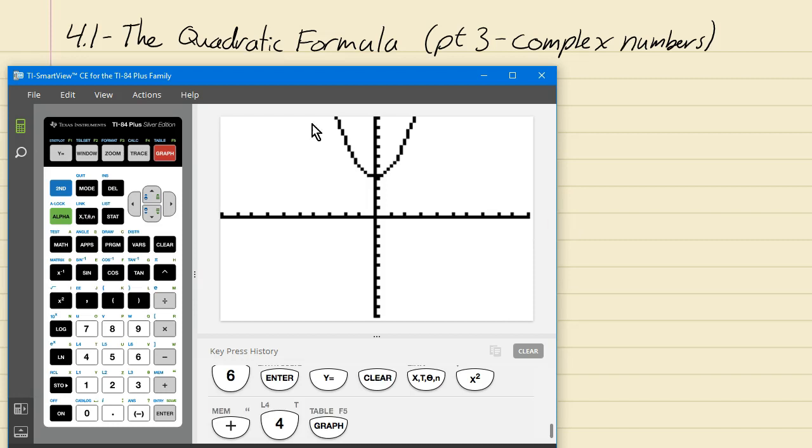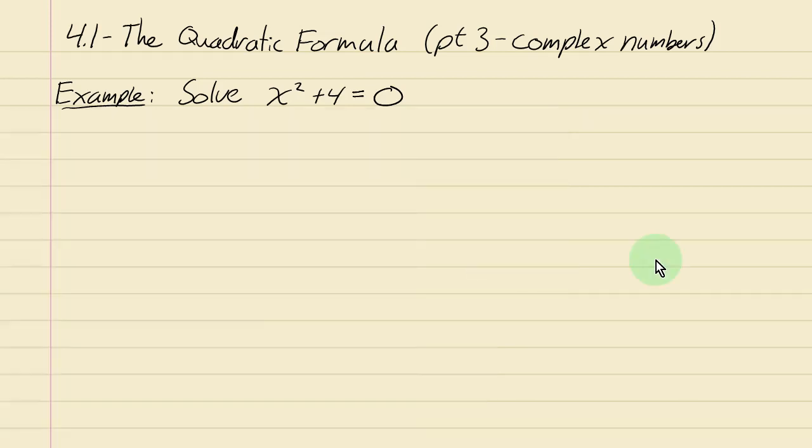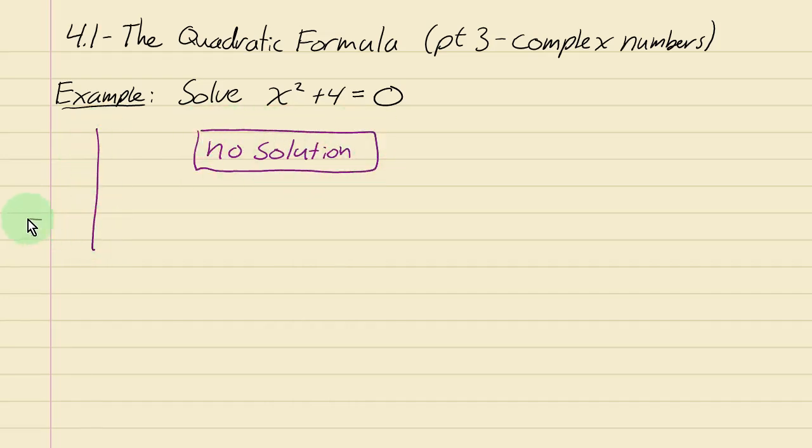So there are no values of x that make x squared plus 4 equal to 0. So you could just say there's no solution here, and that would be basically right because of the way the graph looks.